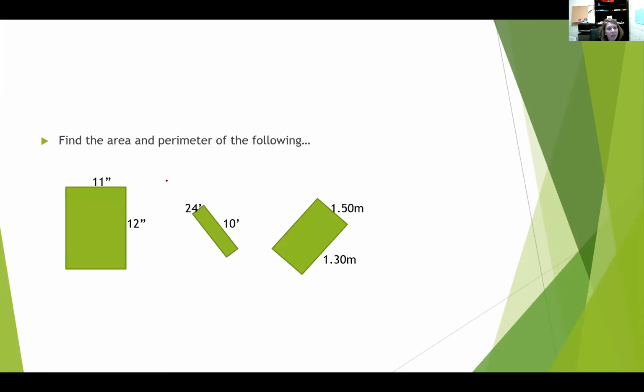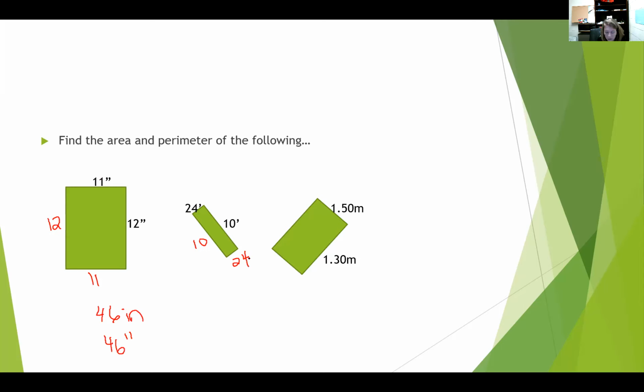All right, so we want to find the perimeter of these rectangles. Well, this is 11, this is 11, that's 12, that's 12. We're going to add all those up. So 11 plus 11 plus 12 plus 12 would be 46, and that's inches. And the same thing for this is 10. You could also leave your answers to this, which would probably be easier.